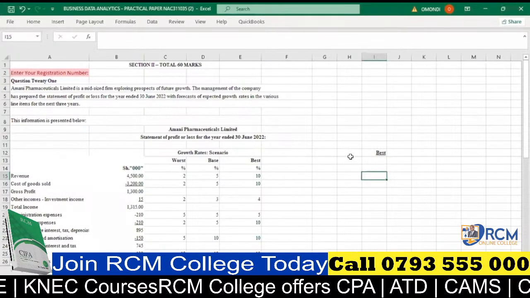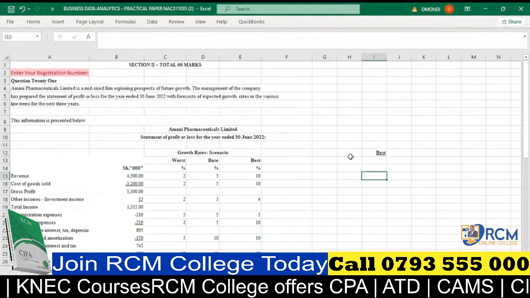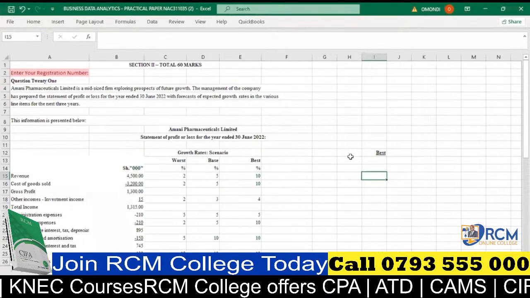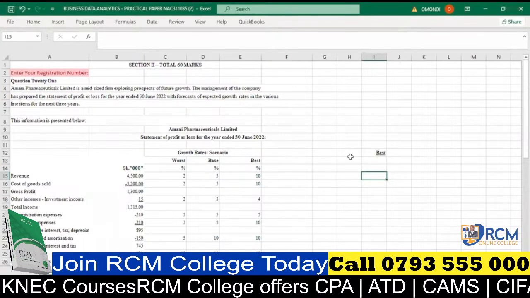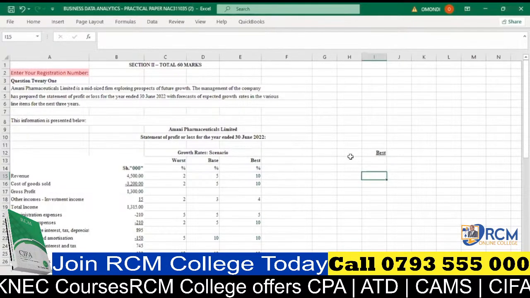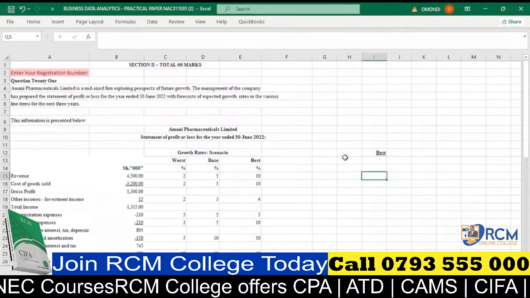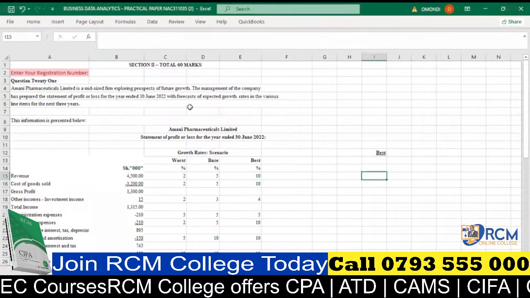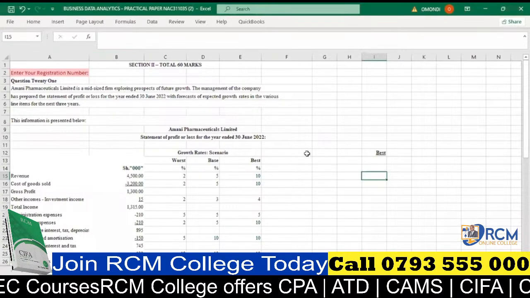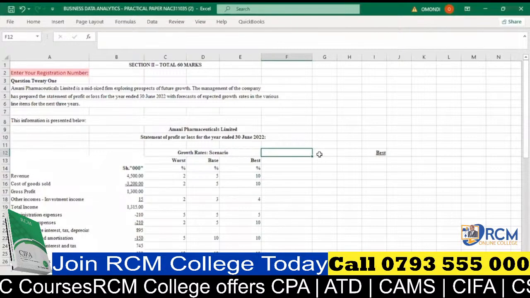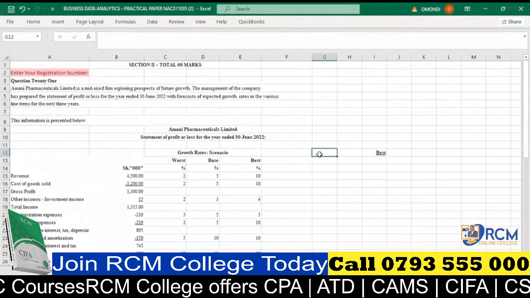Standard deviation S computes the standard deviation of an entire sample. Then standard deviation A computes the standard deviation of a selected sample. How do we do that? You are allowed to use this document in your exams. Just come to this section here, because that's a formula or a function in Excel.